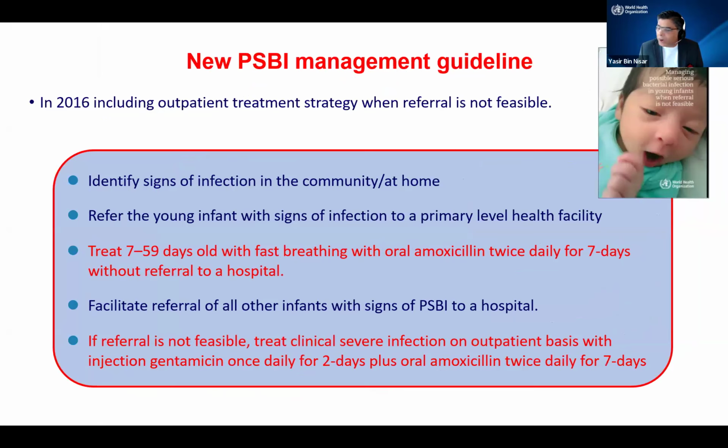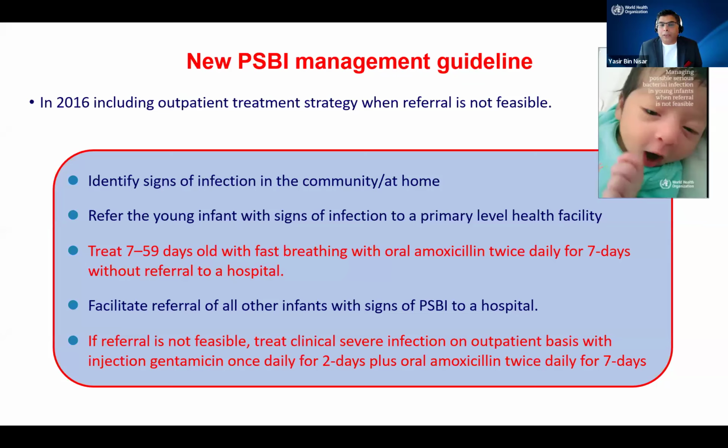We tested 5 different arms of treatment, giving injection and oral in one of the arms. And based on these findings, we launched the first ever guidelines for the management of PSPI when referral is not feasible in 2016. The key components of these guidelines: first was identification of signs of infection in the community at home.